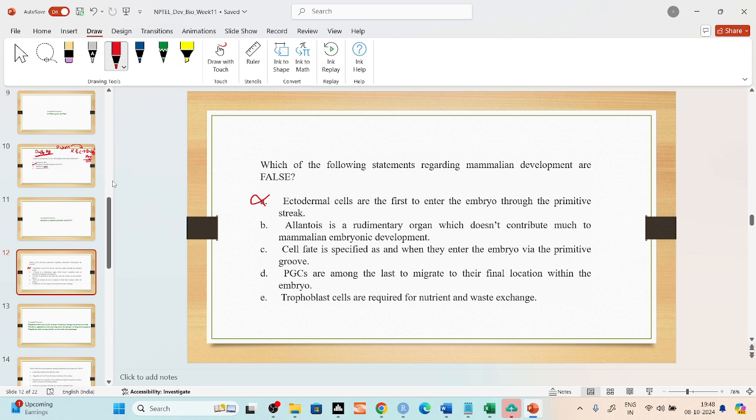So in regard to mammalian embryonic development, it is not completely important. In birds, it is very much important. Basically, it contributes to early blood vessel formation in mammals and then becomes part of the umbilical cord.